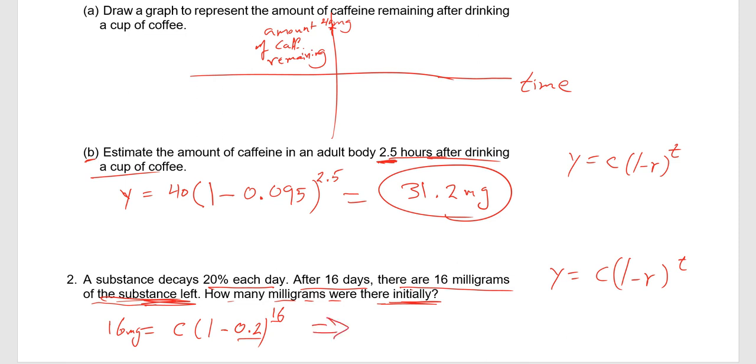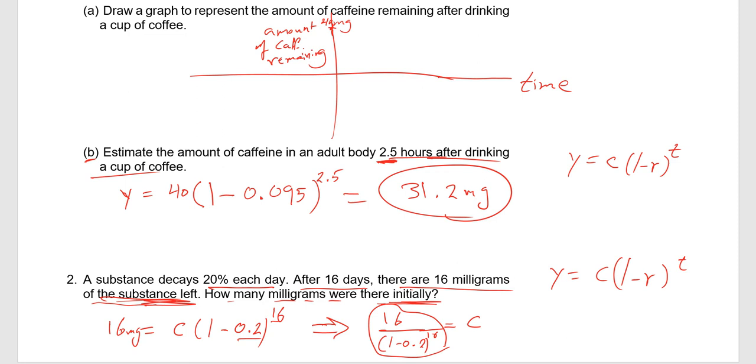After some manipulation, we can say that C is equal to 16 over (1 minus 0.2) to the 16th power, which is very easy to evaluate by calculator. 1 minus 0.2 is 0.8.